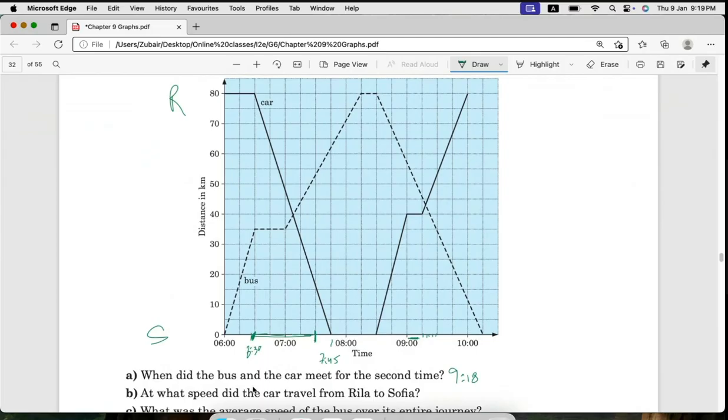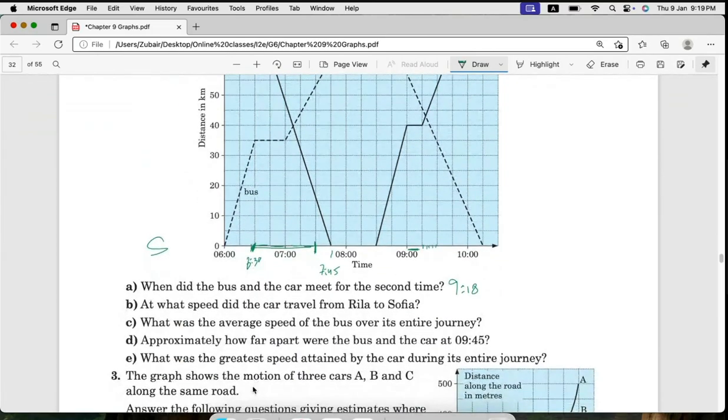And it is traveling 80 kilometers. One box is 0.25, and one box is 15 minutes. So won't it be 1.15? Just see. When we talk about these four boxes, these are 60 minutes. It is 1 hour. 0.25 hours is 15 minutes. This is 60 minutes.